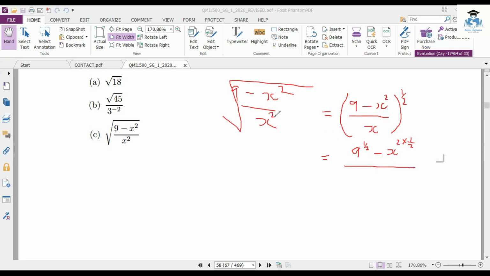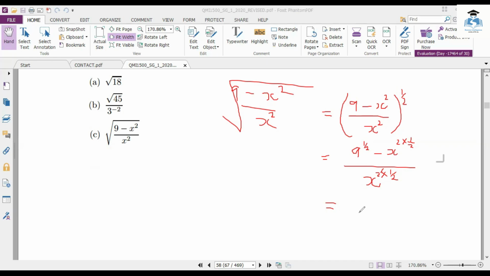But this one is squared. Oh, it's squared. Yes, so the x squared multiplied by half.